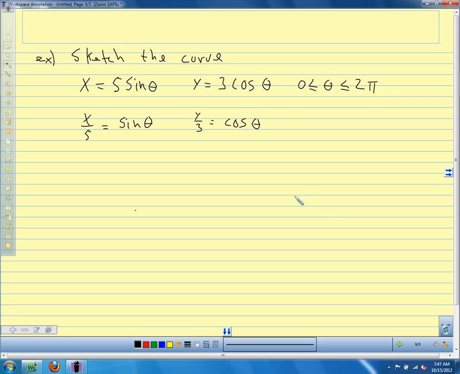Square both sides, because sine squared theta plus cosine squared theta is 1, always. So I can say that (x over 5) squared plus (y over 3) squared equals 1. So there's our ellipse.